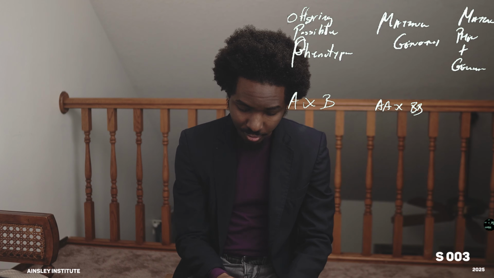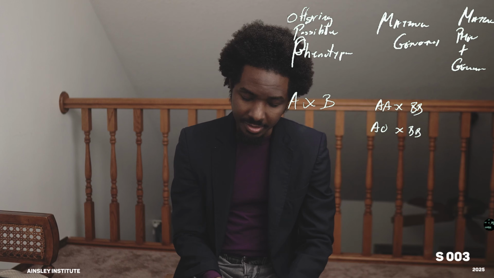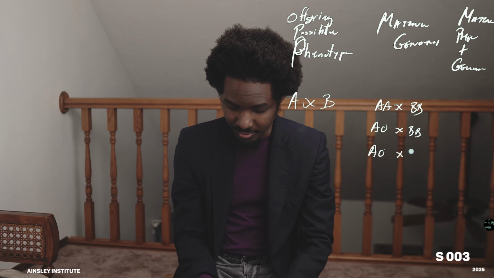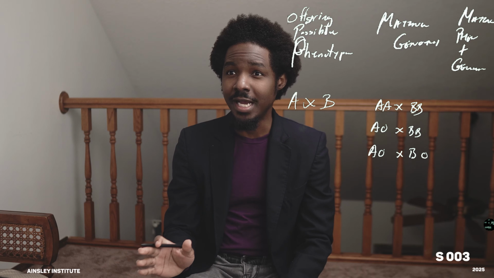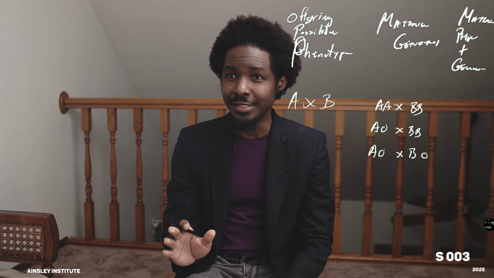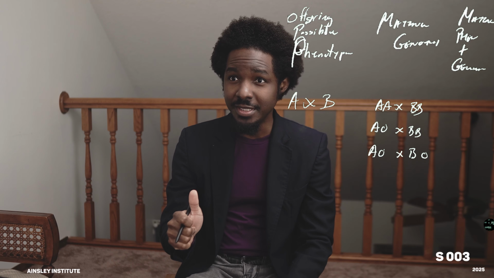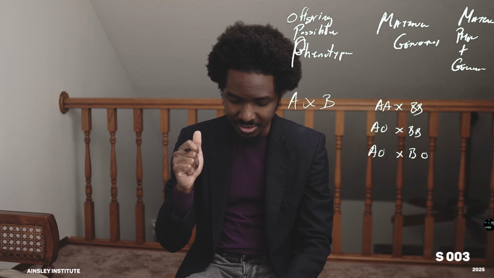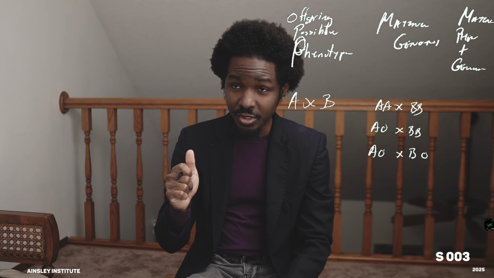Then if that person is A, this person can have AO, and this person can have BB. One person can have AO, and the other person can also have BO. So we have a variety taking place right here, all right? So we have one person being AA times BB, or AO times BB, or AO times BO.